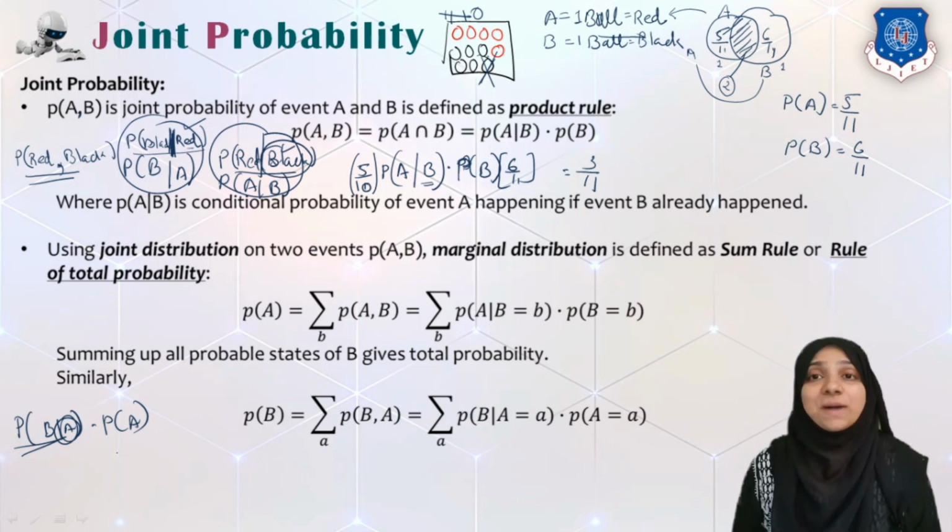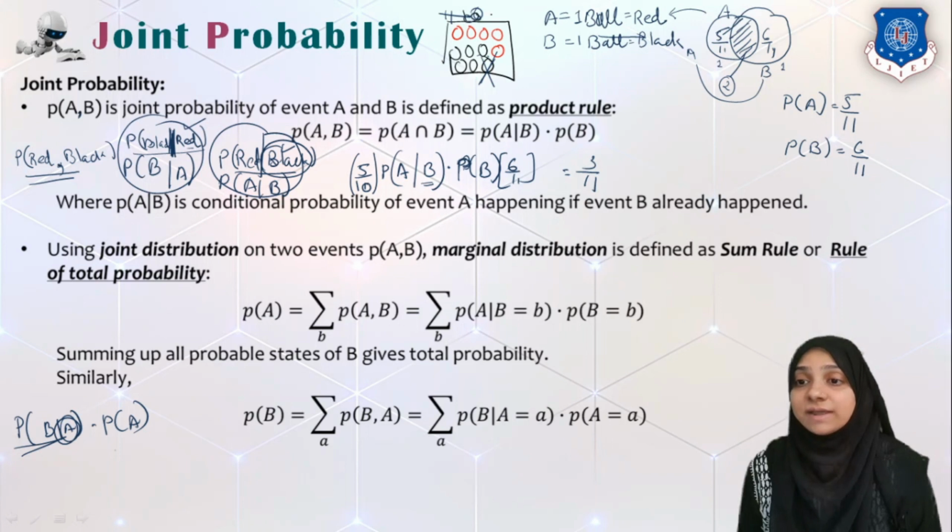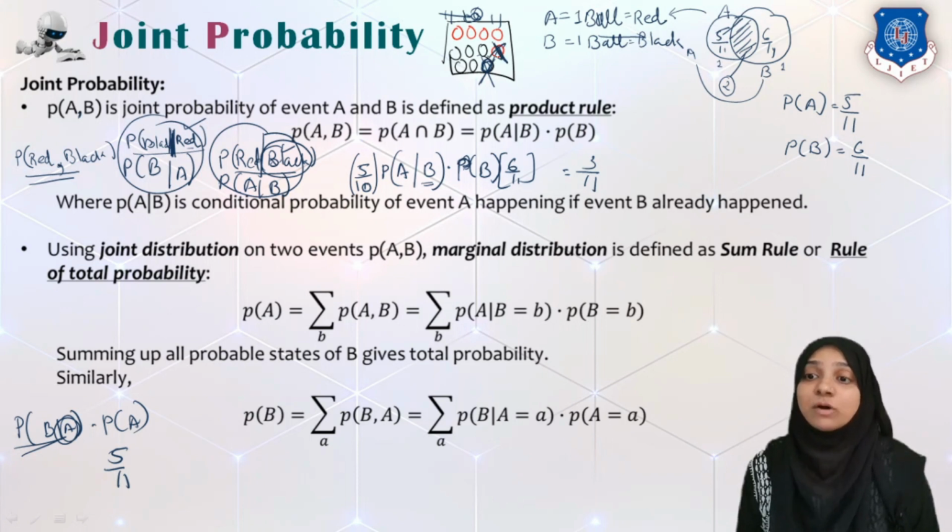Here the probability of A is, initially, there are 11 balls without any removal of a ball. So the probability of the ball being red is 5 by 11. Now one ball is removed. At this time, this red ball is removed.